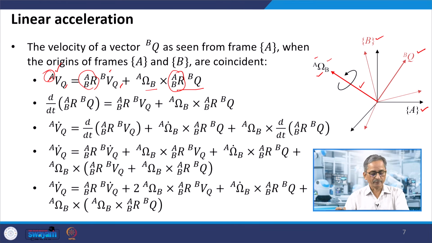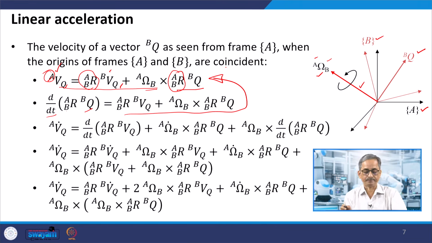Now, let us write this expression in another form. This is the velocity of vector q expressed in terms of frame A, which I can write as d/dt of q^B times R from B to A, plus the same term as over here. Now, let us take the derivative of both sides of this equation.